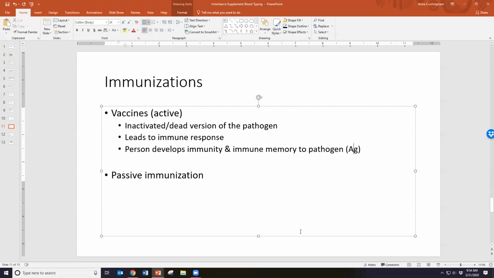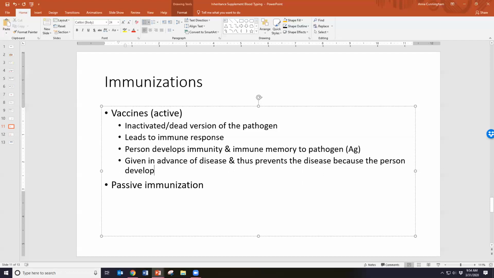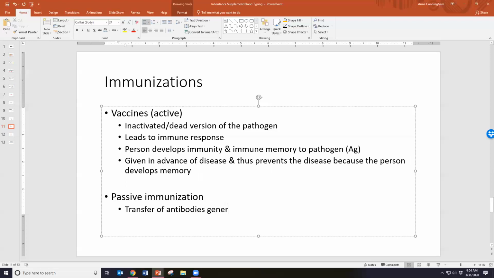So the benefit to vaccines is they are given in advance of the disease, and thus prevent the disease because the person develops memory in their body. Passive immunization, on the other hand, is basically the transfer of antibodies generated in a lab.